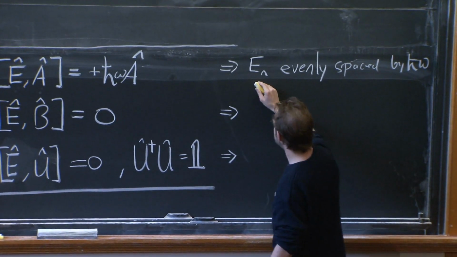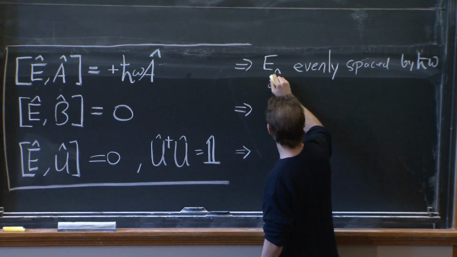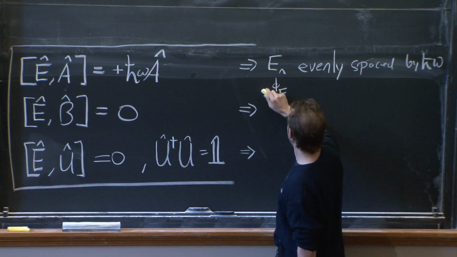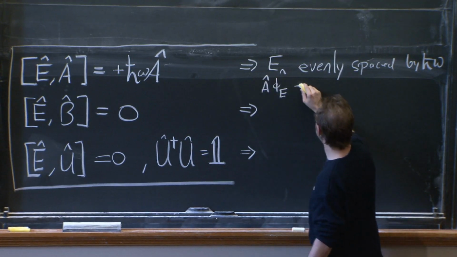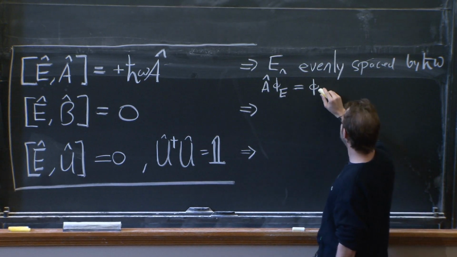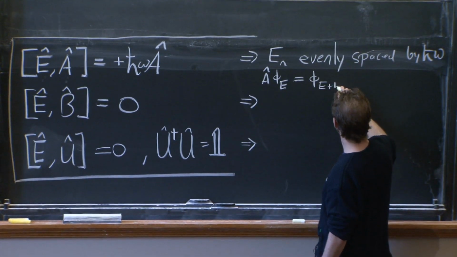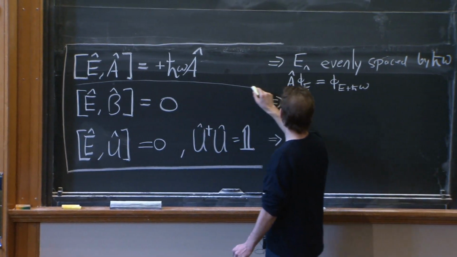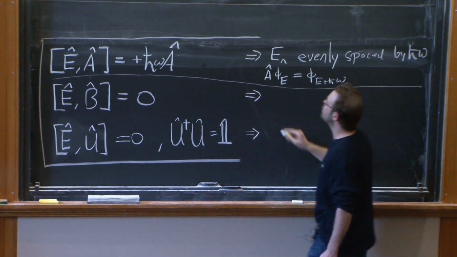And more precisely, that given a state phi E, we can act on it with the operator A to give us a new state, phi, which is also an energy eigenstate, with energy E plus h bar omega. Right? So anytime you see that commutation relation, you know this fact to be true.